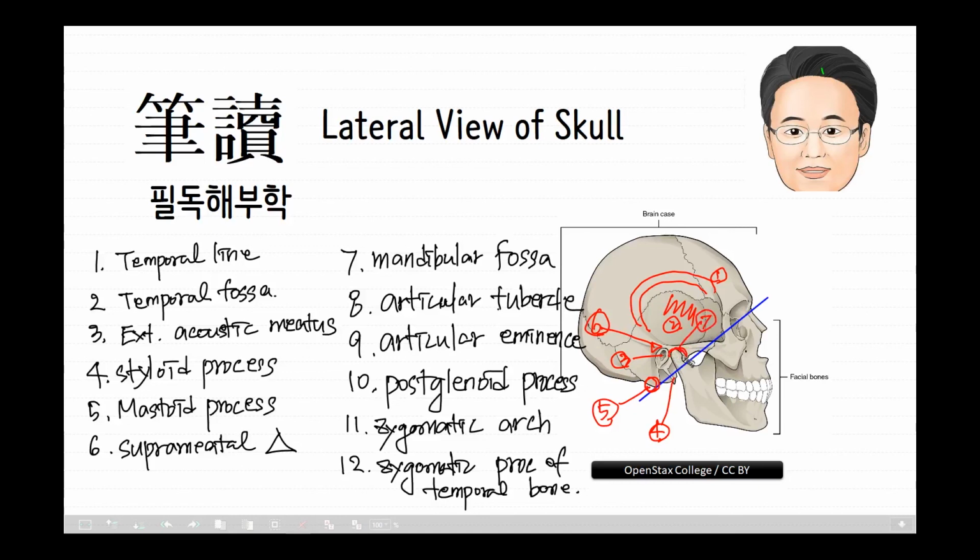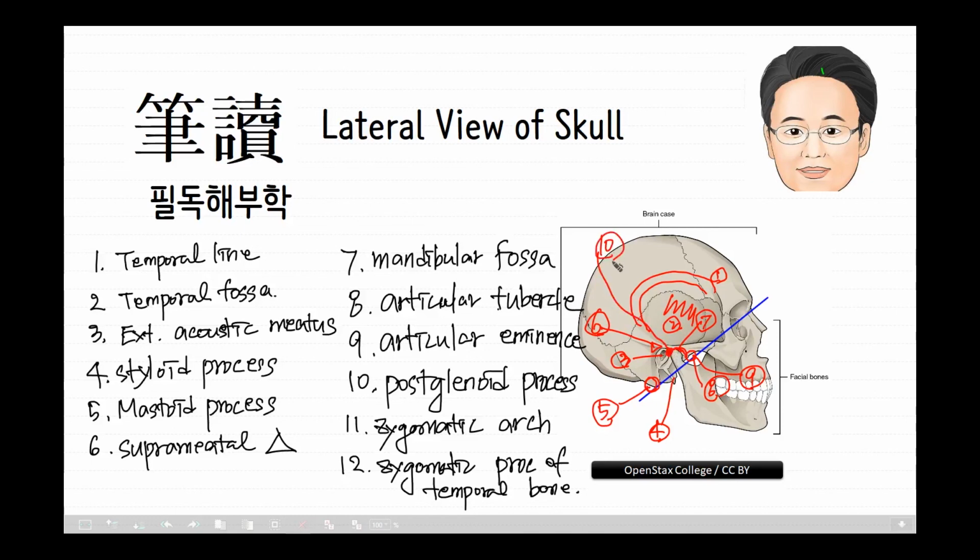Number 8, articular tubercle here. Articular eminence is also located here, inside of the articular tubercle. Number 9, articular eminence. Number 10, postglenoid process is located here.